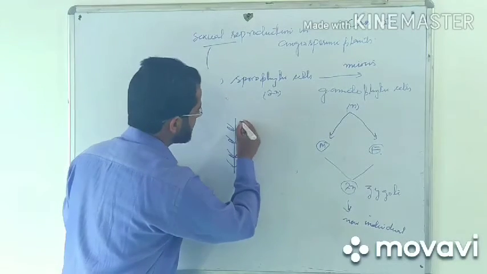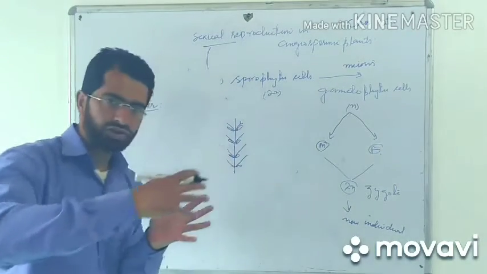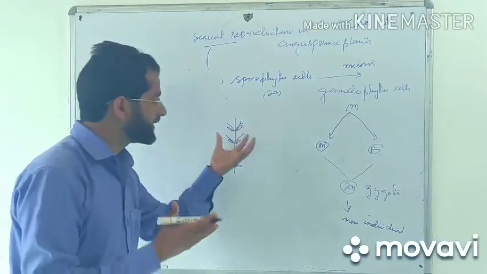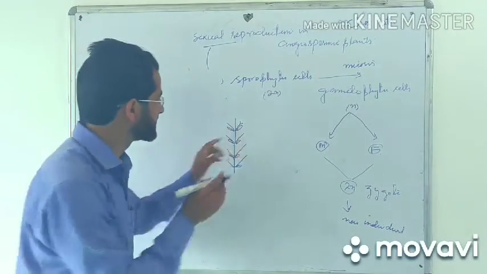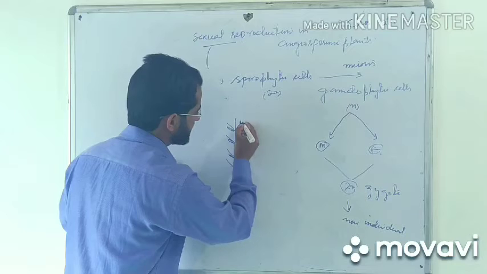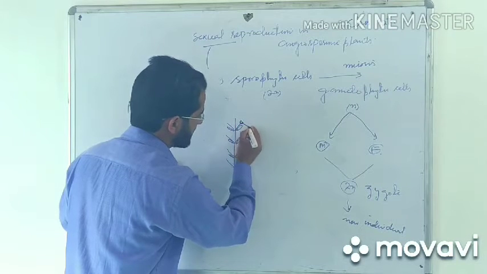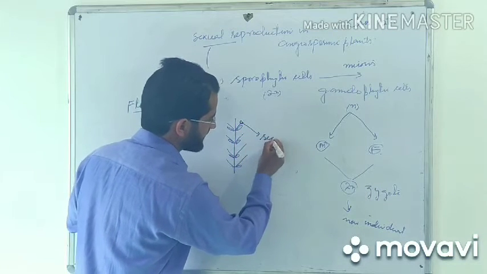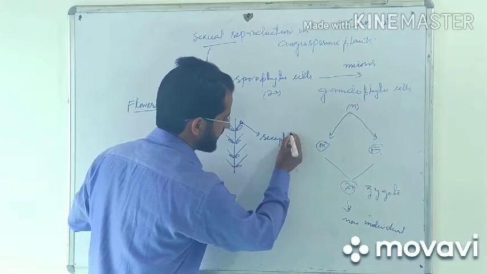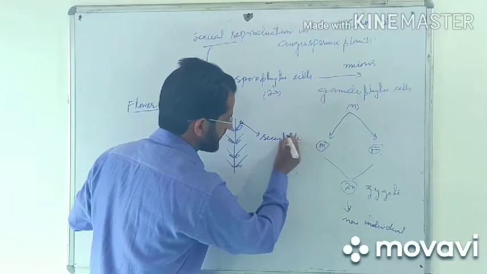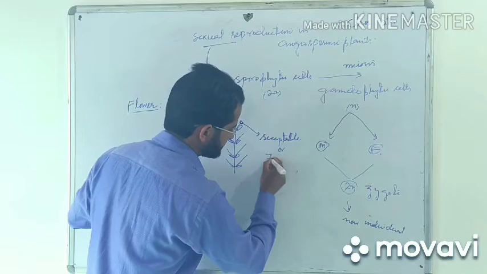They get condensed at the terminal position. Internodal distance gets reduced and a bulging structure appears at its tip. This bulging is known as receptacle or thalamus.